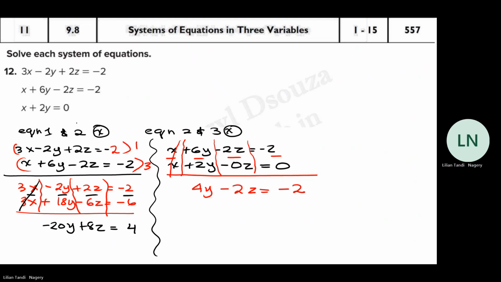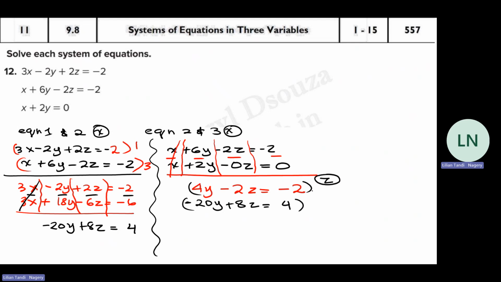All right. Let's solve this. Let's eliminate z because it has the smallest variables. So I'm just going to write right here so I don't waste my space. Negative 20y plus 8z equals 4. So now put this, and I'm eliminating who?